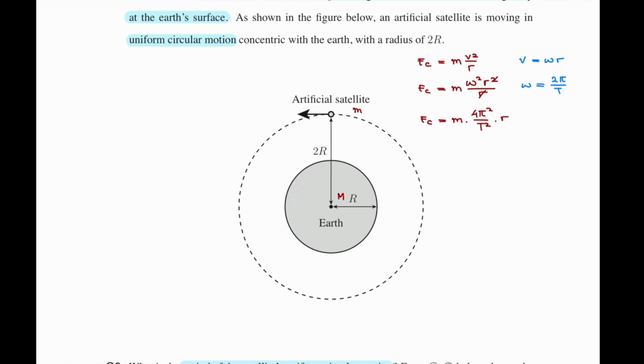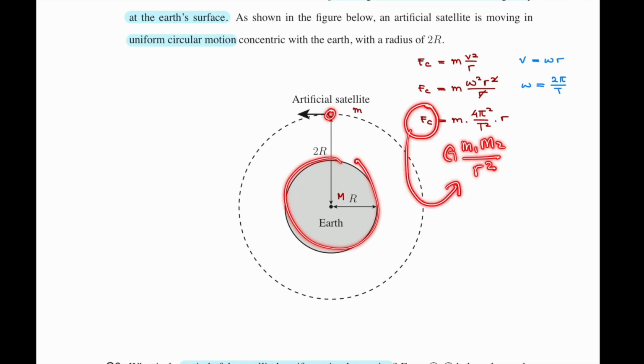Centripetal force is provided by the gravitational force between the satellite and the Earth. The formula of gravitational force is G m1 m2 over r square. So the centripetal force is provided by this one. So I can substitute the centripetal force into G m1 m2 over r square.